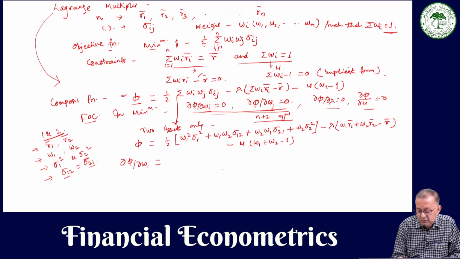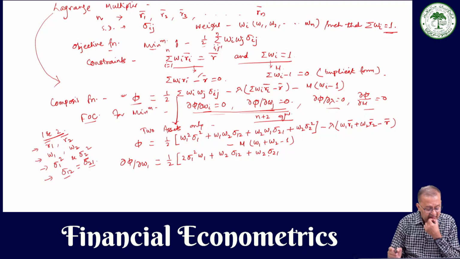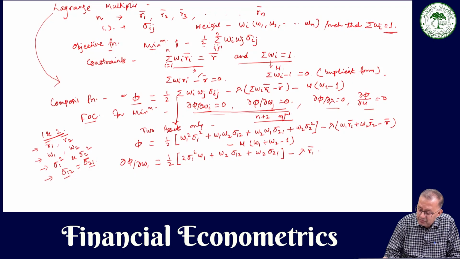This is equal to 1 by 2 into twice sigma 1 square w1 plus w2 sigma 1 2 plus w2 sigma 2 1, minus lambda r1 bar minus mu is equal to 0.